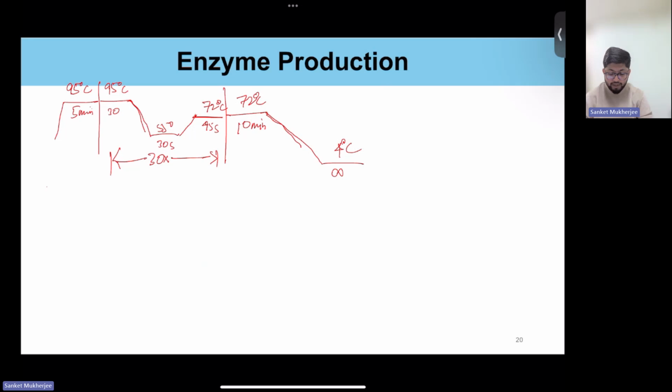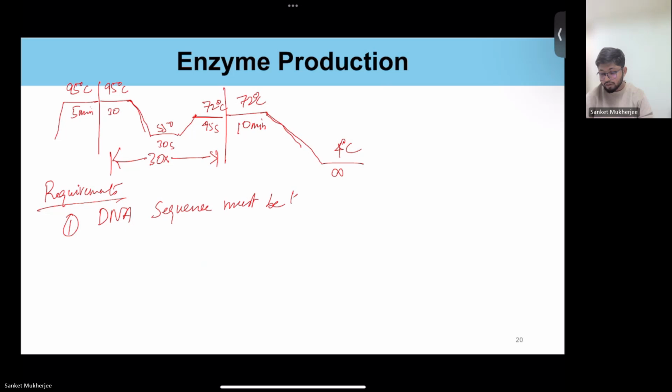So what are the requirements of a PCR? One is that the DNA sequence must be known, otherwise it's impossible to form primers. Then we, of course, require primers. These are short DNA stretches, typically 20 to 30 base pairs.